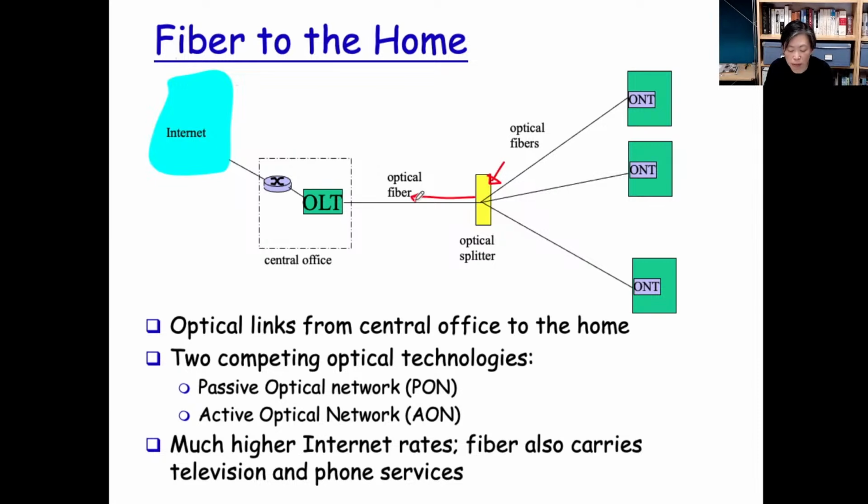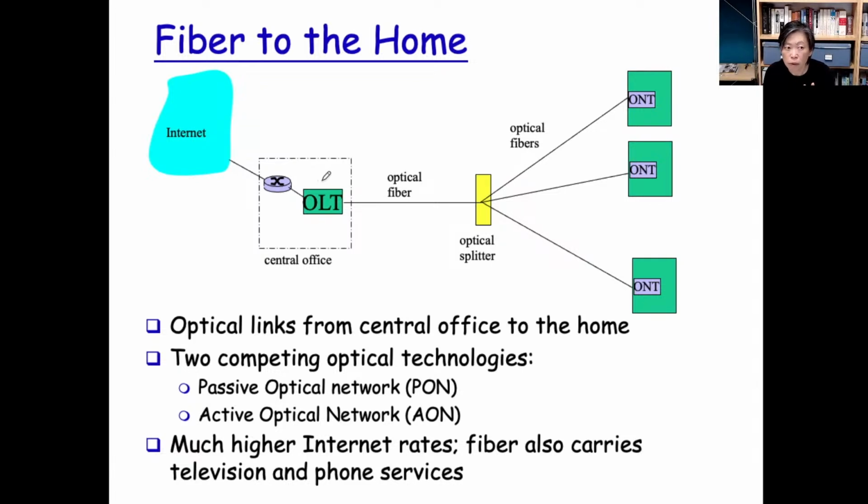So the splitter plays the role of demultiplexing signals so that they reach a particular household, or multiplexing signals so that they go to the central office. Its role is a little like the routers or switches at the core of the internet. So the optic splitter here is a very important device for the optical network.